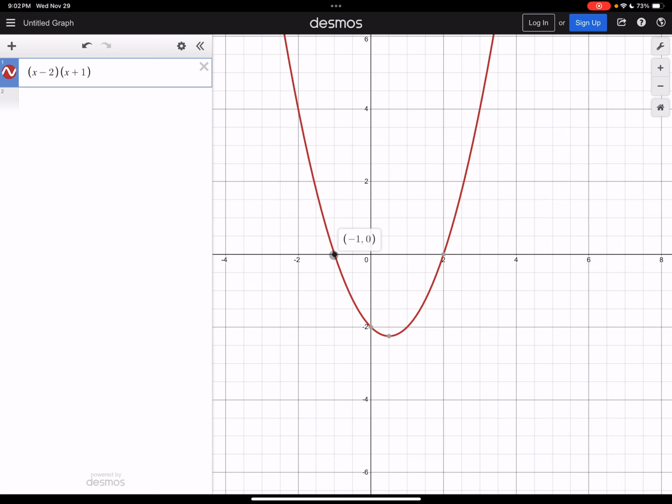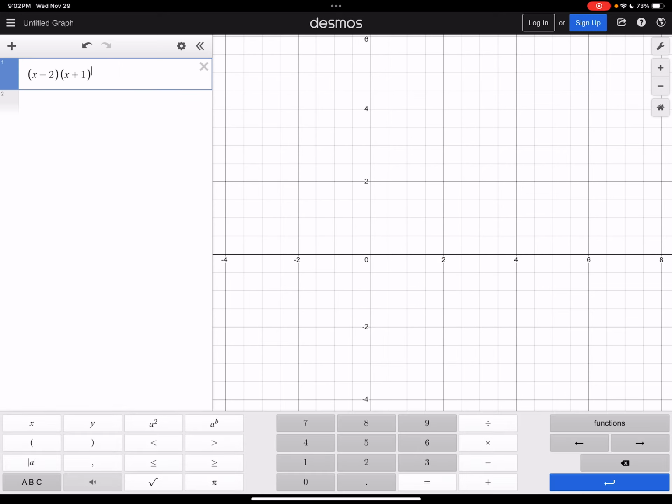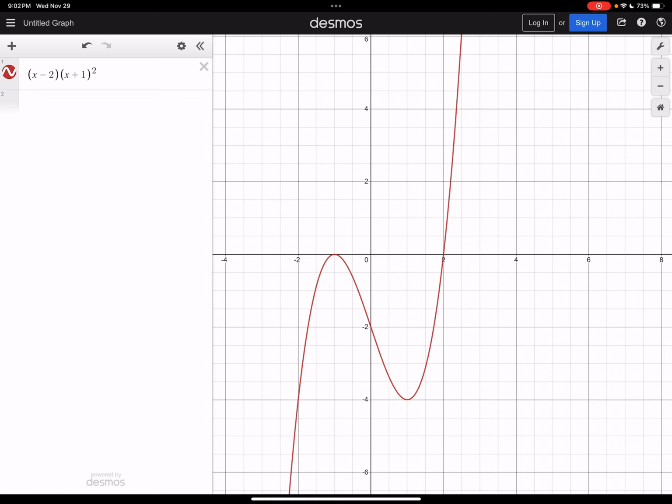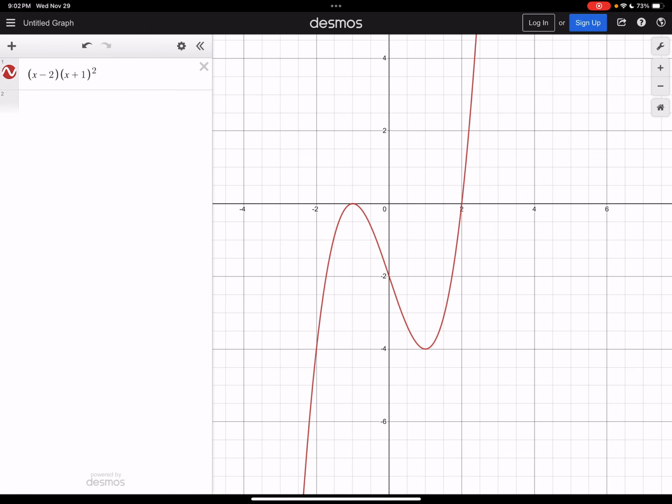So at both roots here and here, they just pass through the x-axis. But suppose I make the root at -1, which is right here, multiplicity 2. So what that means is I'm going to raise this to the exponent of 2. And so now you'll notice the graph has changed quite a bit.